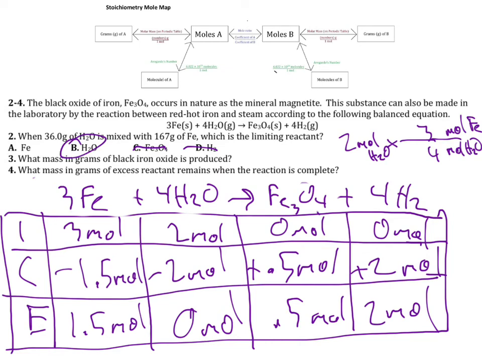What is the mass in grams of black iron oxide produced? This here is black iron oxide, and according to this, we're producing 0.5 moles of the black iron oxide. And so we need to take those 0.5 moles and convert them to grams.